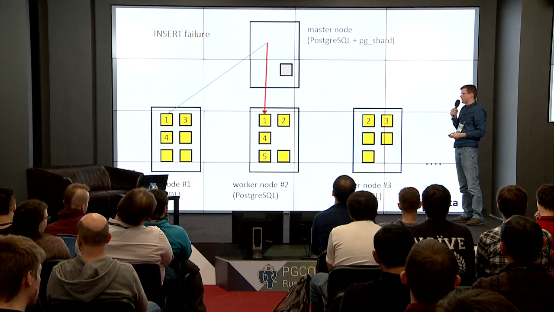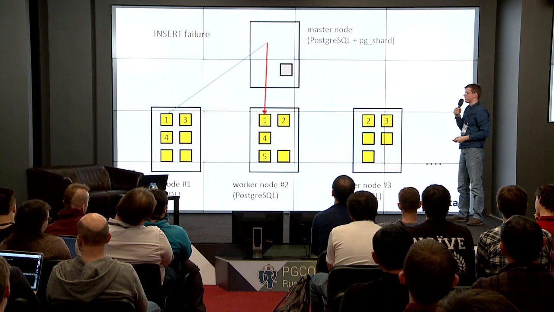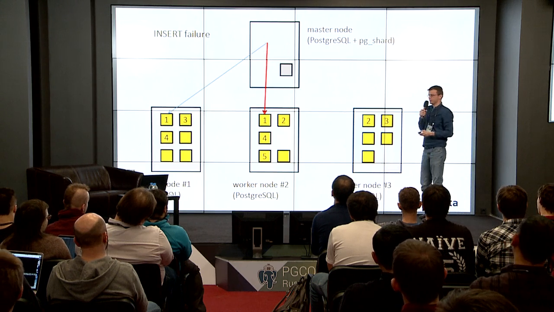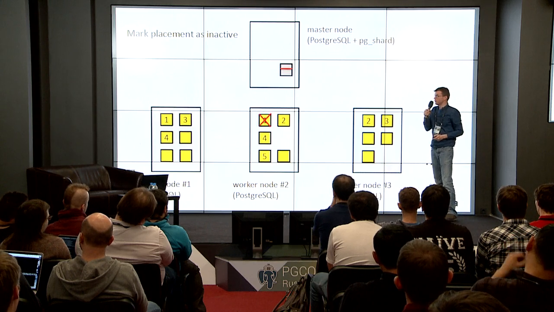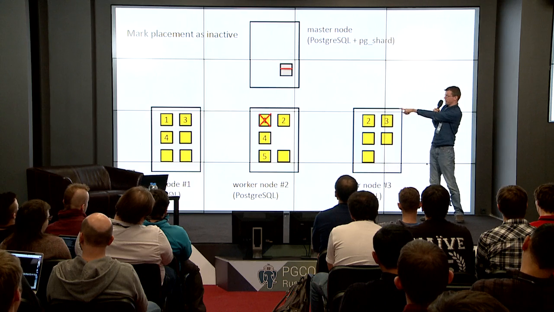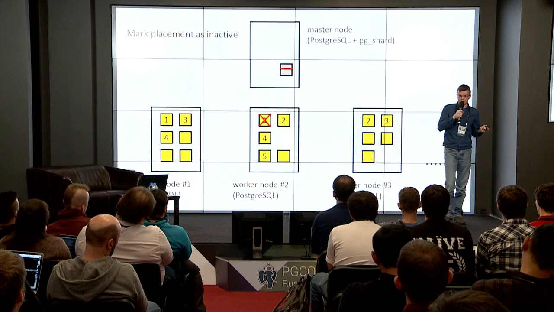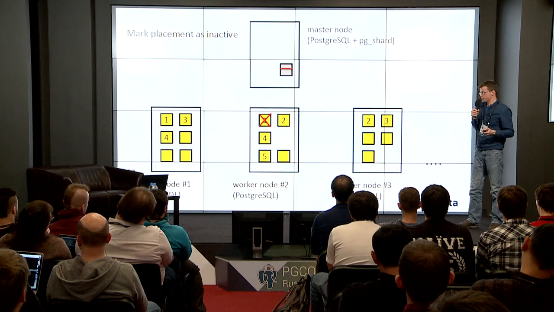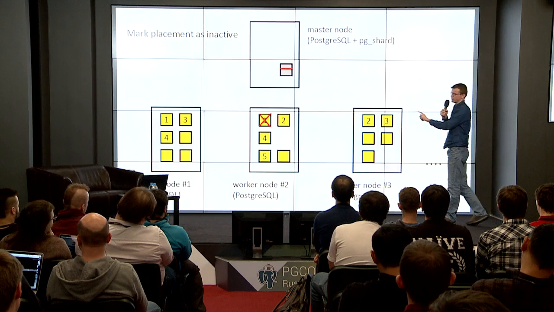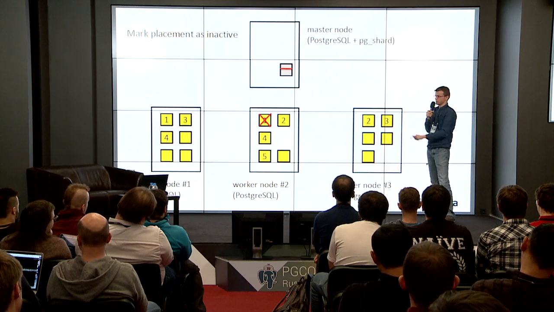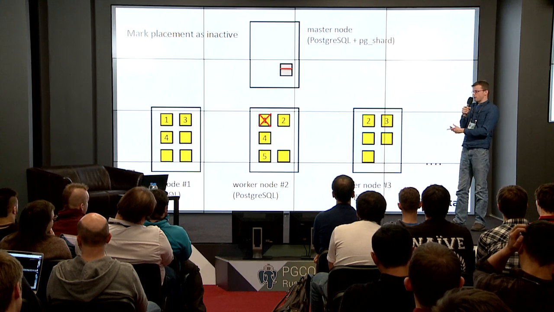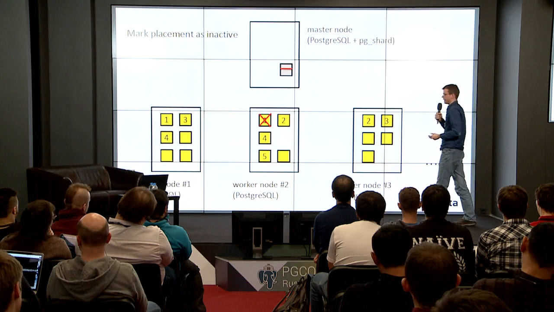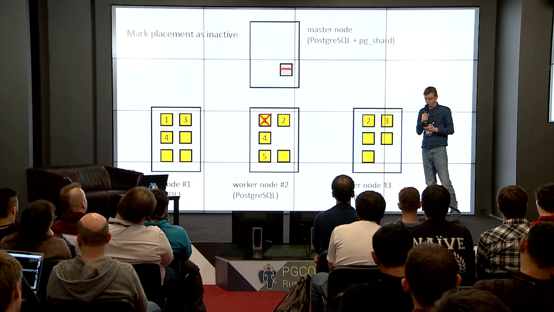What we currently do is optimized for availability. We hide this from the user, and the master node marks that placement as inactive in the metadata. So we won't do any more queries on it. At this point, we only have one consistent replica of the shard, and an operator can recover inactive shards later on.